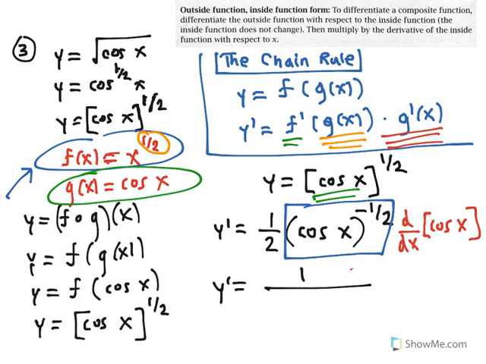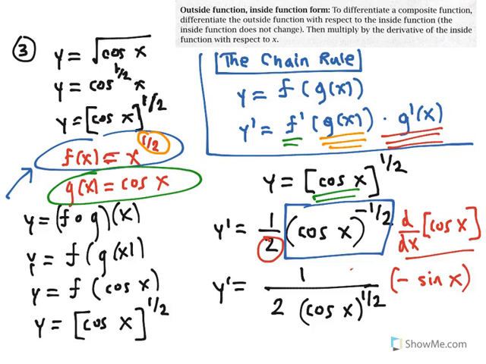So when I do that, I will have 1 in the numerator over, you have this 1/2, so you have 2 here, and then you have cosine of x to the positive 1/2 power. And then you're multiplying that by the derivative of the inside function. The derivative of cosine is negative sine x, as we learned today. And I'm going to write that here, negative sine x.